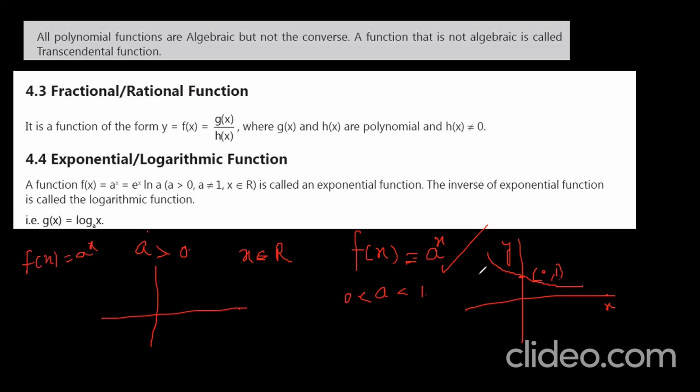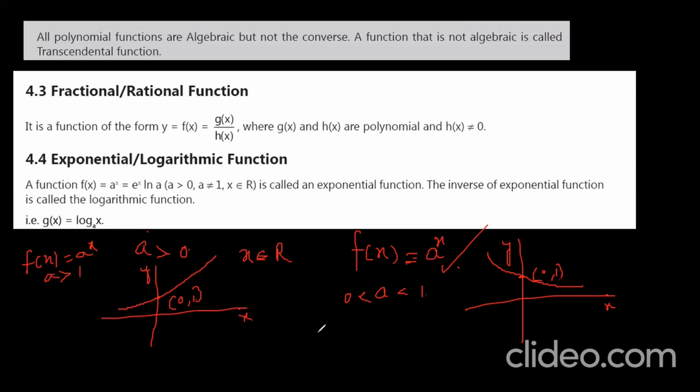If a greater than 1, it is going to be like this. This is 0, comma 1, this is x and this is y. Like this we can take.